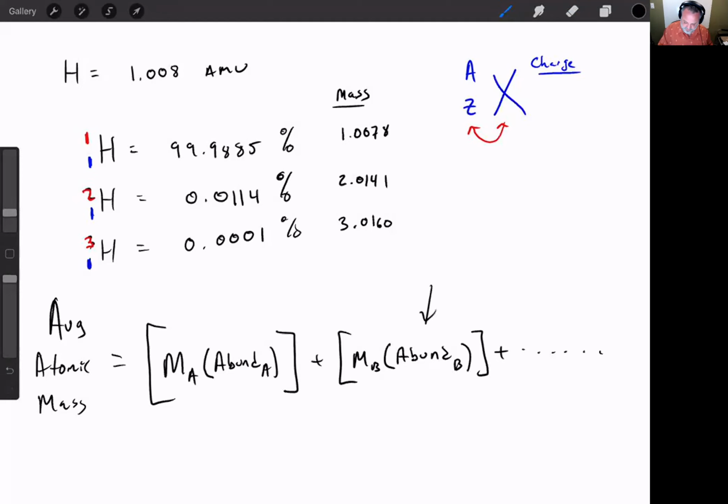And the abundance is given in decimal form.